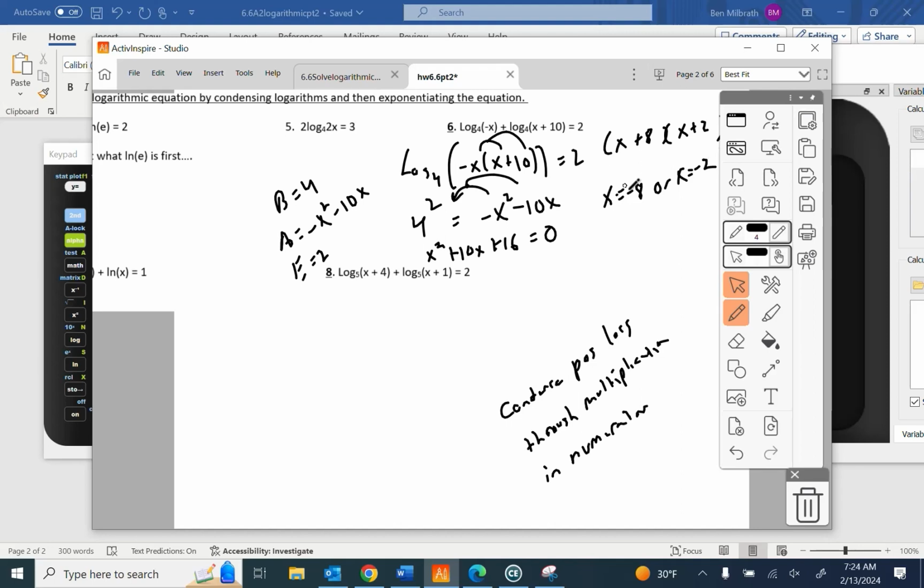Now these both work. If I negate a negative 8, I get a positive 8. Negative 8 and 10 makes 2. If I negate a negative 2, I get 2. Negative 2 plus 10 is 8. They're both real. Notice I've checked. They're both real answers. If you're muting me, you have no idea what I just did.